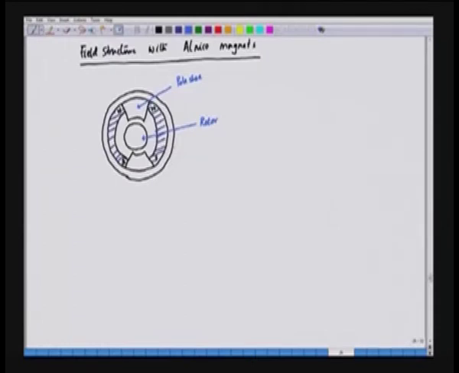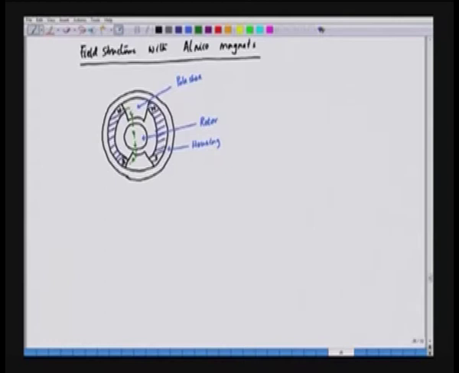This is the housing of the stator. And what about the flux lines? The flux lines will pass like this. The flux line will start from the north pole, pass through the air gap and the rotor core, and will enter the south pole. So, this is the direction of the flux lines.